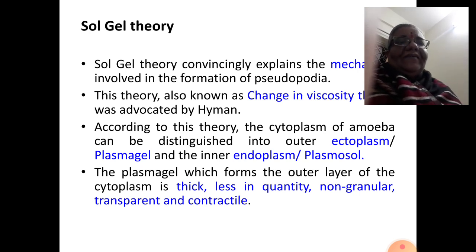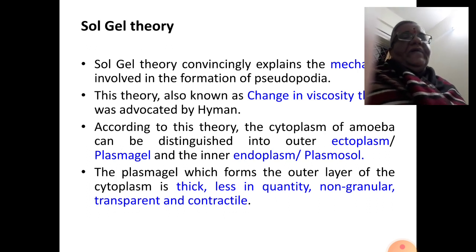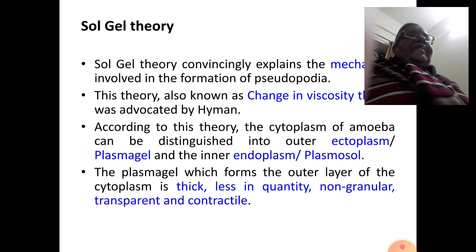Now, the plasma gel forms the outer layer of the cytoplasm. It is thick, more viscous, less in quantity, non-granular, transparent and contractile. You have to remember all these terms. It is thick, that means it is more viscous, that is viscosity is high, less in quantity, non-granular, transparent and contractile.